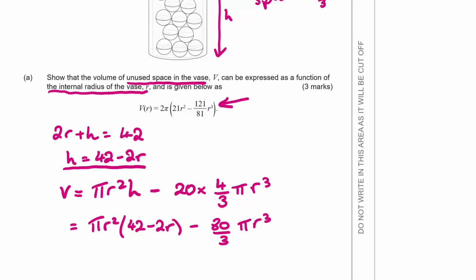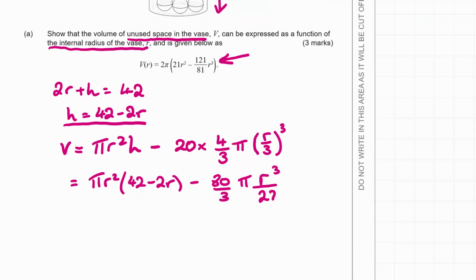Now it's just struck me here that I've made a slight mistake, because for the sphere we know the radius is r over 3. So this one is going to be r cubed over 27. Okay, so we straighten that out.